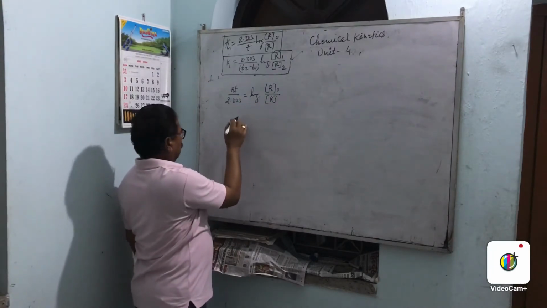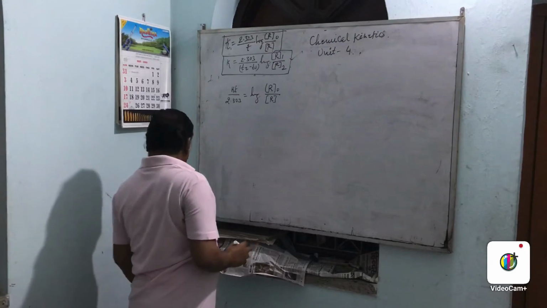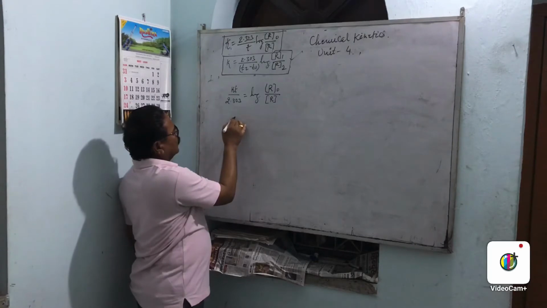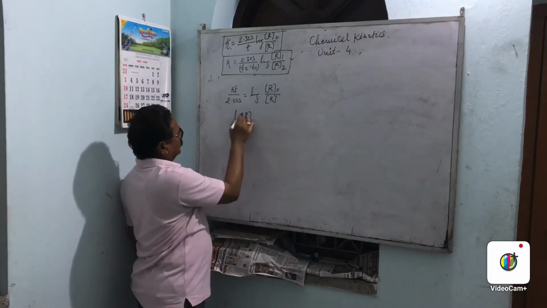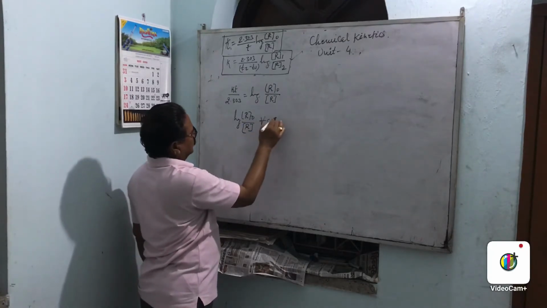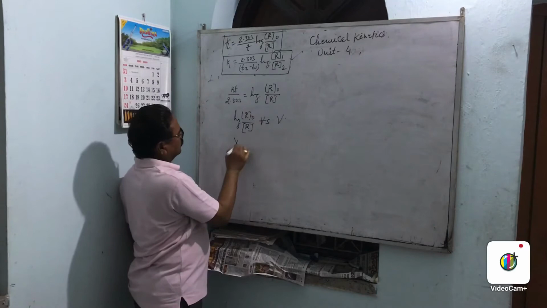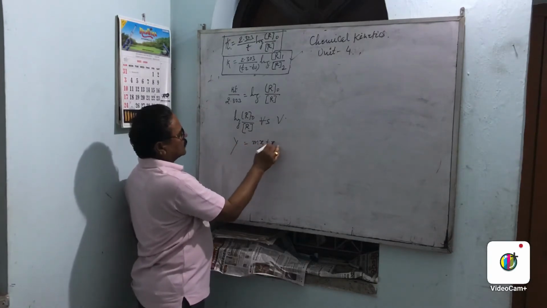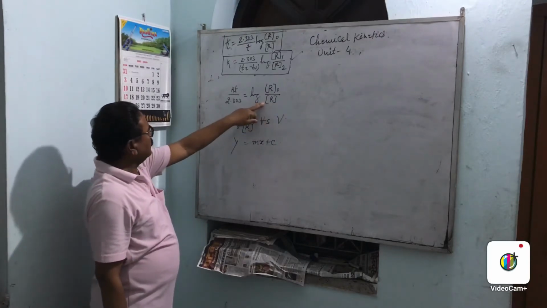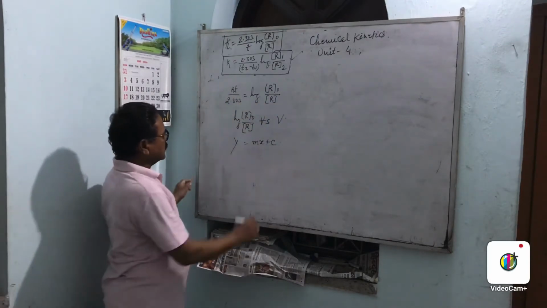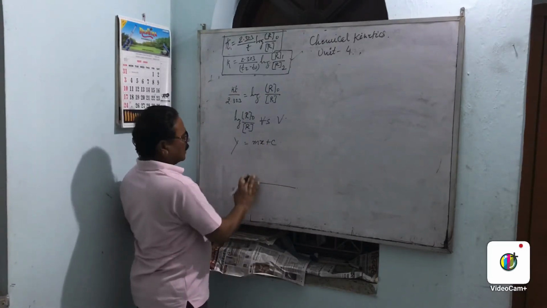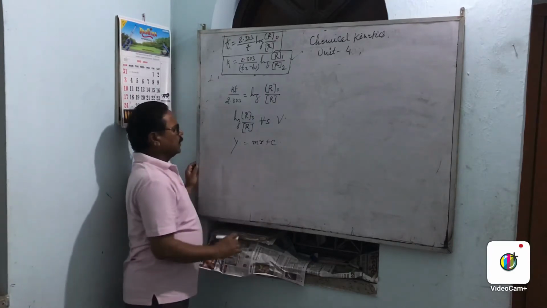Suppose we have to plot the graph of log R naught by R versus t. Again you apply the concept y equals mx plus c. This axis is y and t is on the x axis. So we plot a graph and you set the equation as per your convenience.